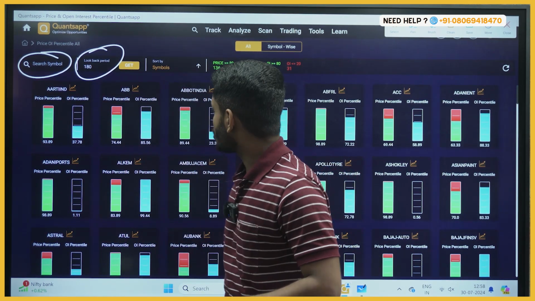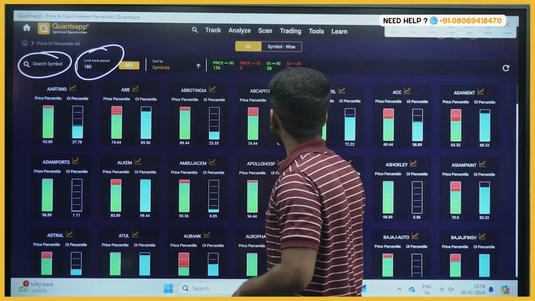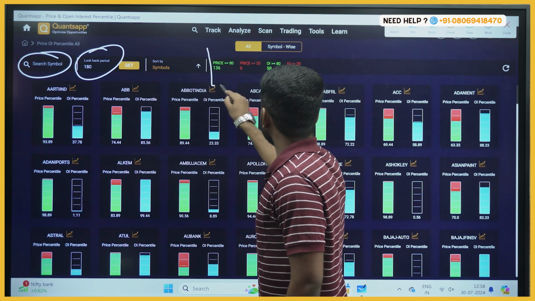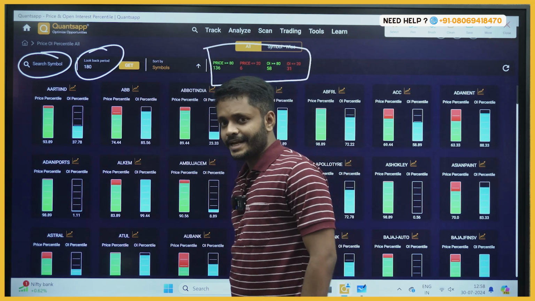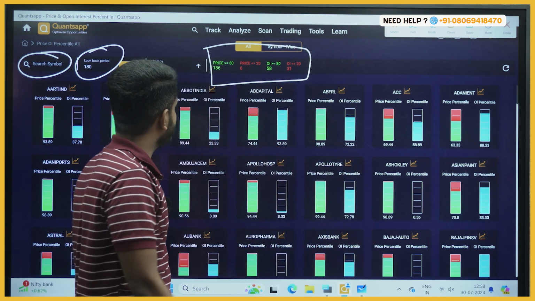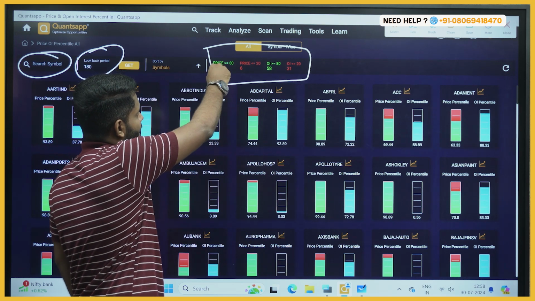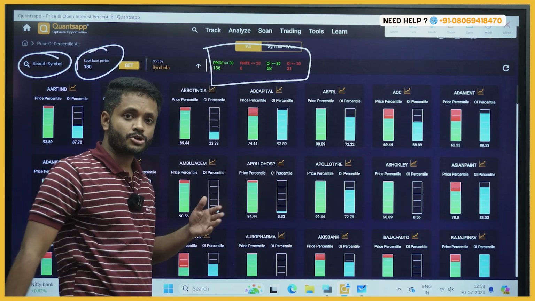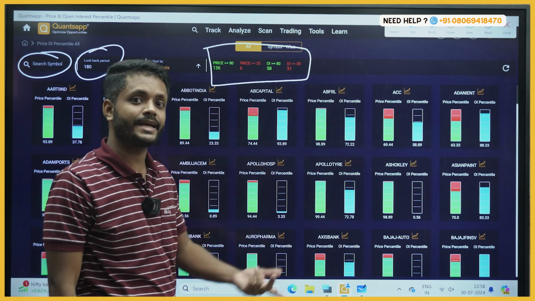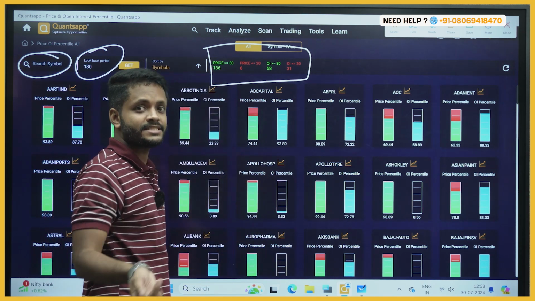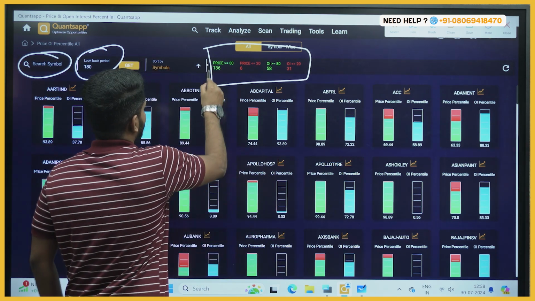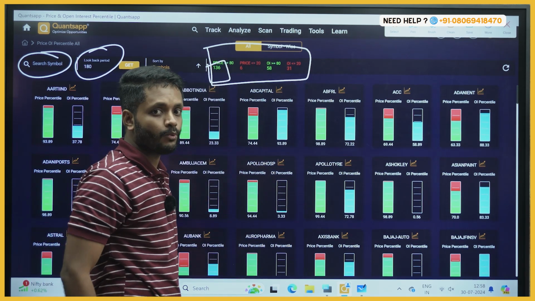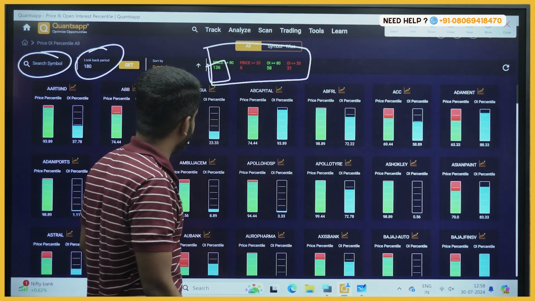Accordingly you can search for the stocks. Here you can see the overall sentiment of the market. Price greater than 80 means price greater than 80 percentile. How many stocks have a price percentile greater than 80? Out of 187 FNO scripts, there are 136 stocks as of now wherein the price percentile is more than 80.